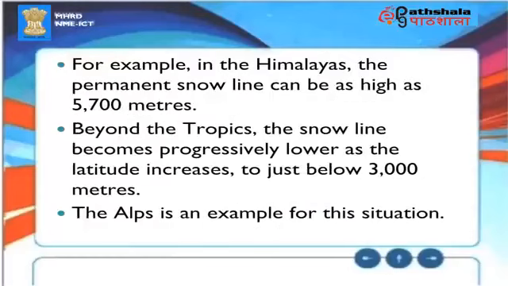For example, in the Himalayas, the permanent snow line can be as high as 5,700 meters. Beyond the tropics, the snow line becomes progressively lower as the latitude increases, to just below 3,000 meters. The Alps is an example of this situation.